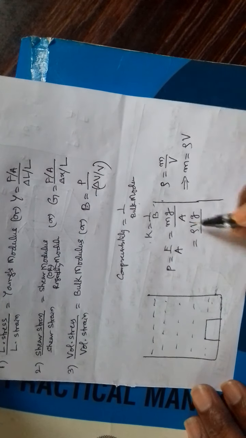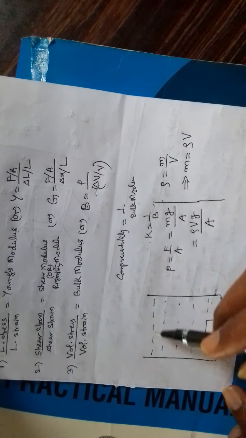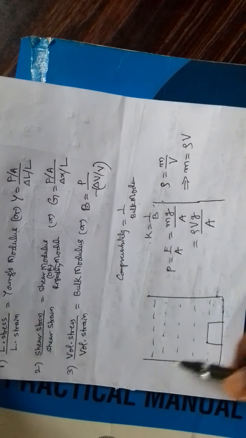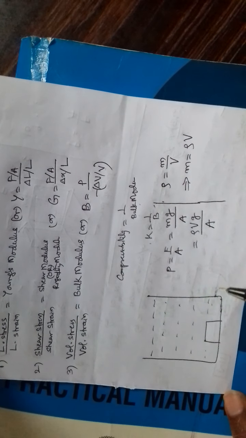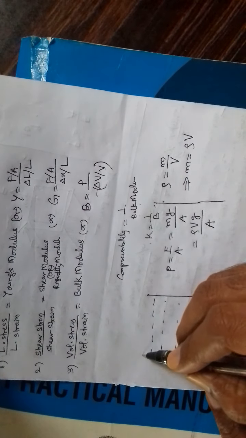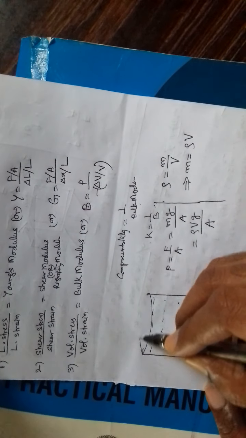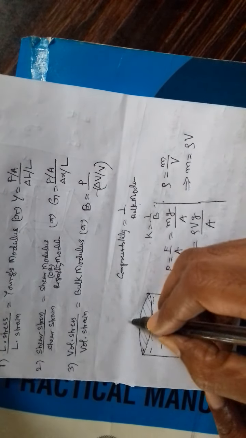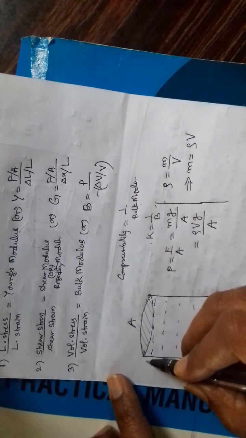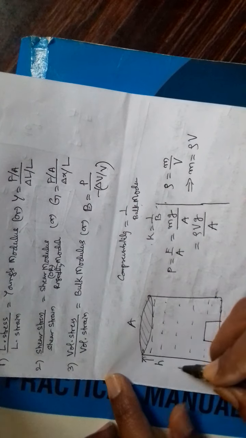Now the volume of water is nothing but the volume of the container. Suppose the container is in the shape of a cylinder. The cylinder has a certain cross sectional area A and a height h.